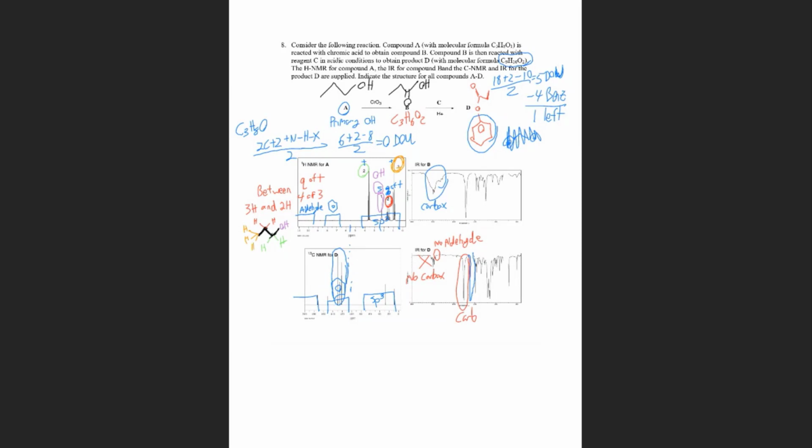And so all you need for Fischer esterification is a carboxylic acid and an alcohol. So if we have a benzene ring with just an alcohol, then when we protonate, the benzene ring is able to attack.